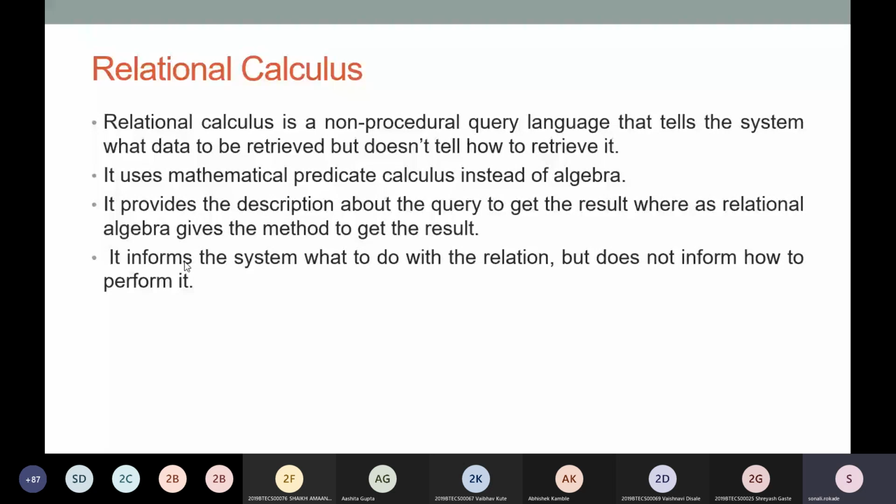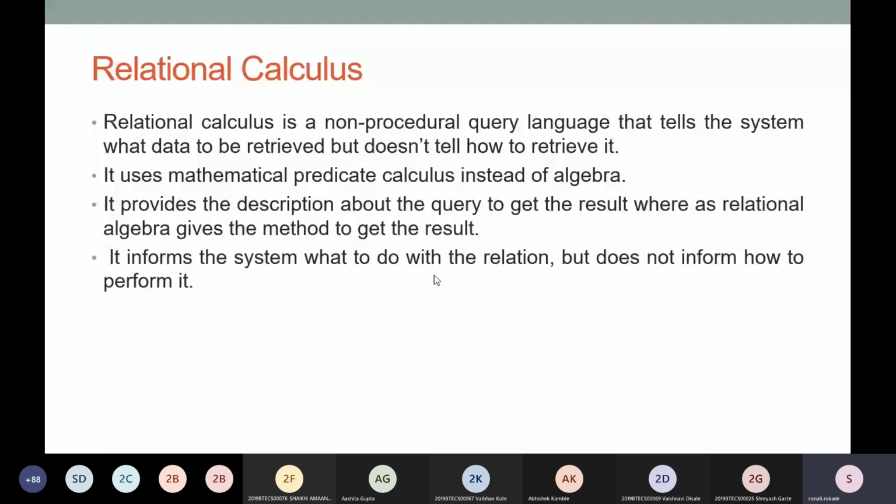Okay, so it is not going to tell what action to perform, but it tells the result you have to fetch after that action. Okay, so the simplest thing, number of statements are available in number of books to find out the relational calculus, but the simplest one I like is the first one. It is not a procedural language, and this language tells the system what data to be retrieved but does not tell how to retrieve.